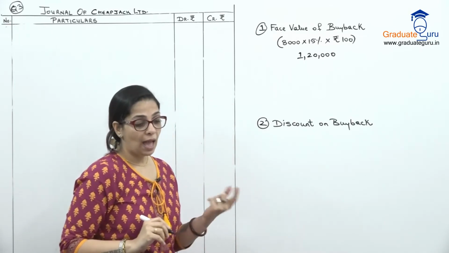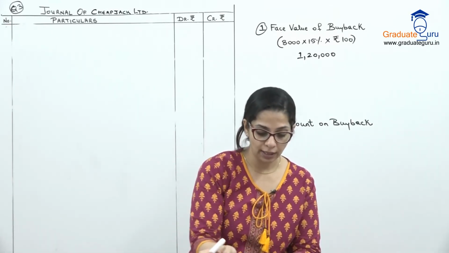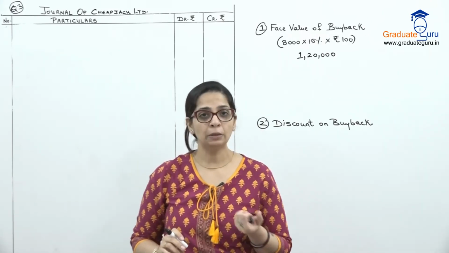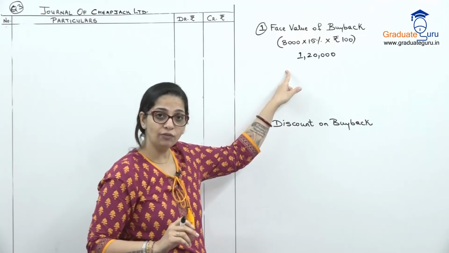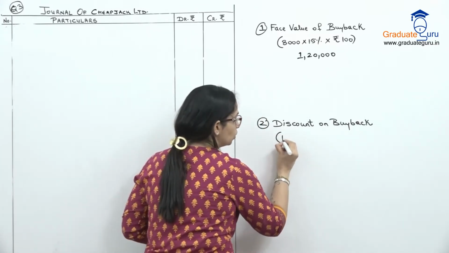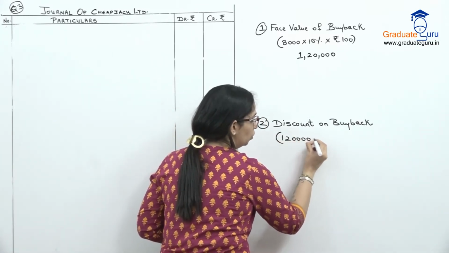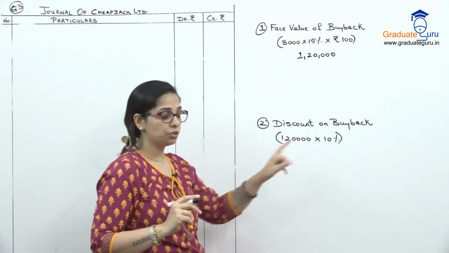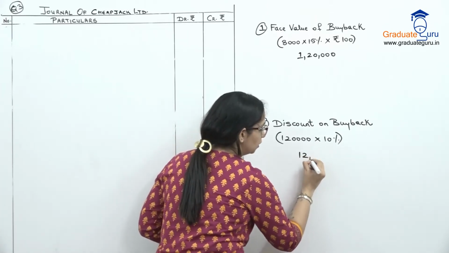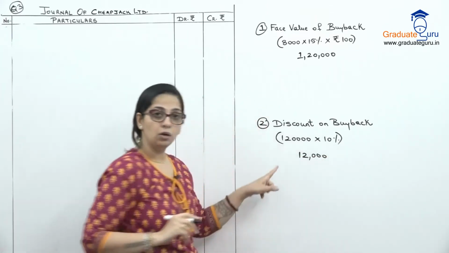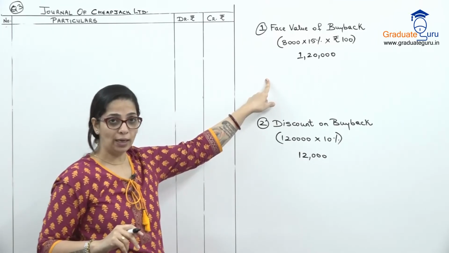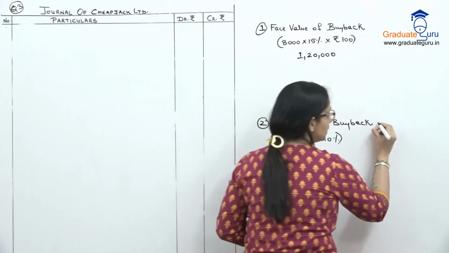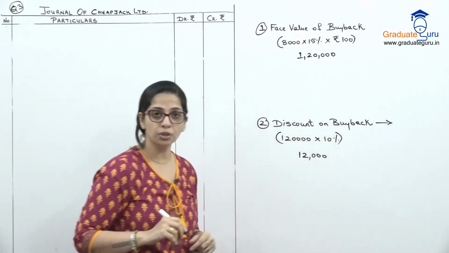Okay. And what is the rate of discount that they have told us? It wants to buy back at a discount of 10%. So whatever our total face value amount is, 10% of it will be my discount. So 1,20,000 into 10%, which is nothing but 12,000. Okay. So face value 1,20,000, discount 12,000. Where will this discount be accounted for?